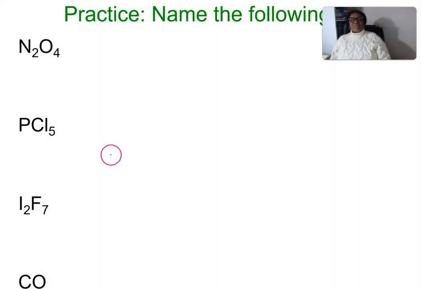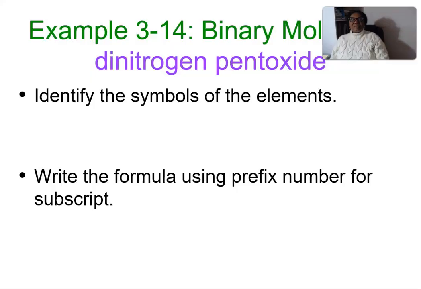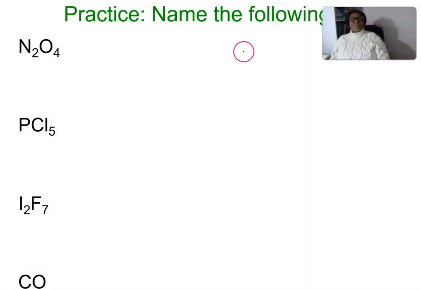Let's name these ones. So we want to name the following. The first element is nitrogen, but we have two, so it's dinitrogen.